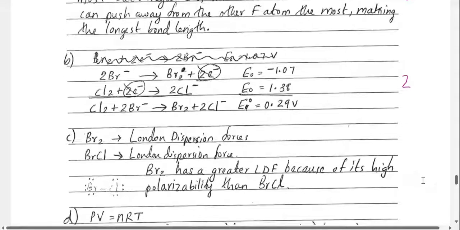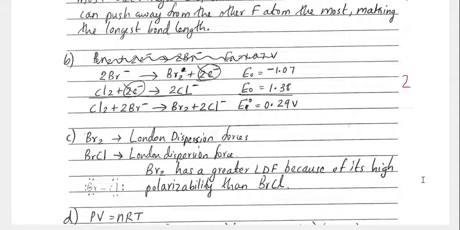All right. So C, they say Br2 has London dispersion forces. BrCl also has London dispersion forces. Br2 has a greater LDF because of its high polarizability than BrCl. Okay, so a pretty similar response to the previous student. They mentioned that both have London dispersion forces, and Br2 has greater London dispersion forces because I think the previous student mentioned there's more electrons.